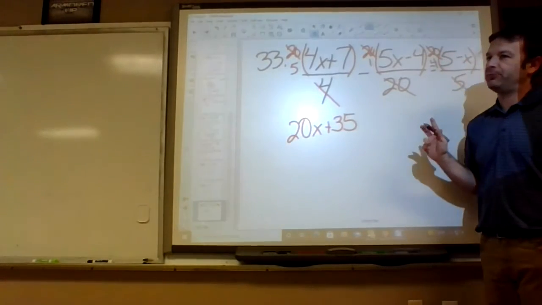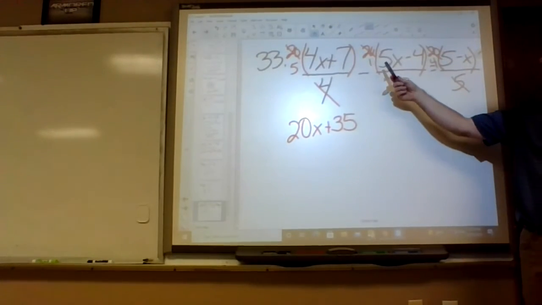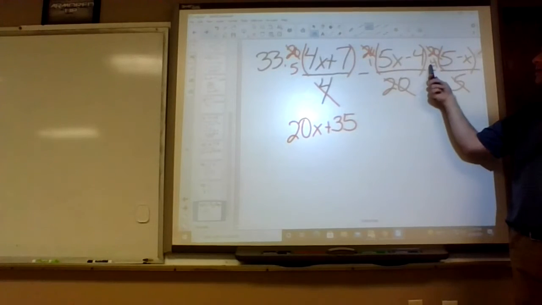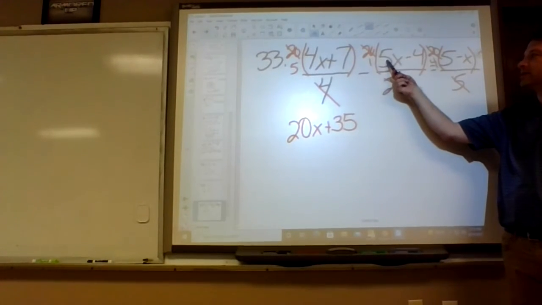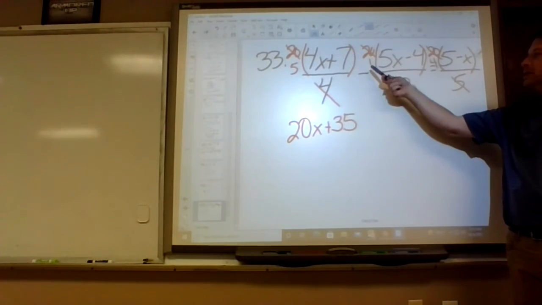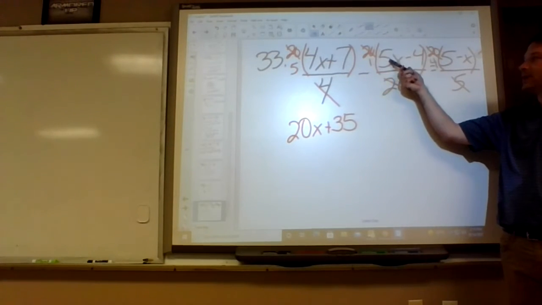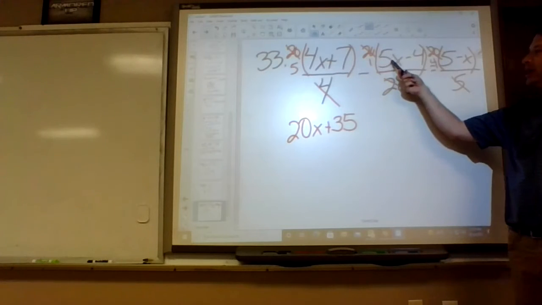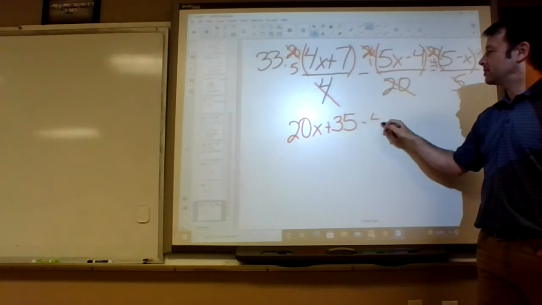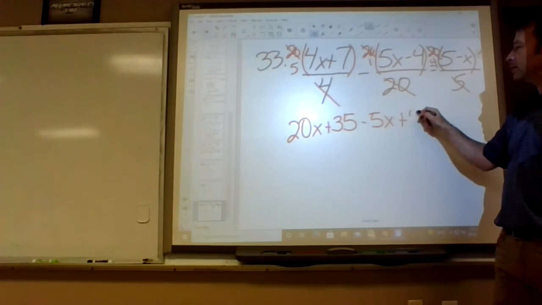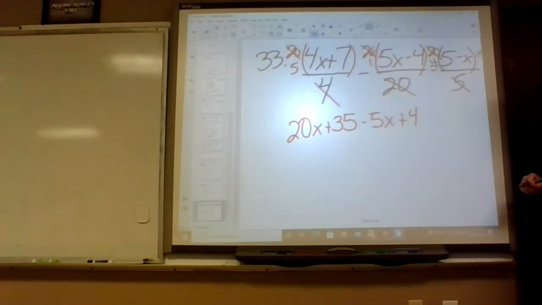Okay, here comes the tricky part. We are subtracting all of this, not just that. This is subtract the whole fraction. So the 1 doesn't really matter because 1 times 5x is still 5x, right? So I'm going to ignore that. So it's minus 5x plus 4, right? Because minus minus 4 makes a plus.